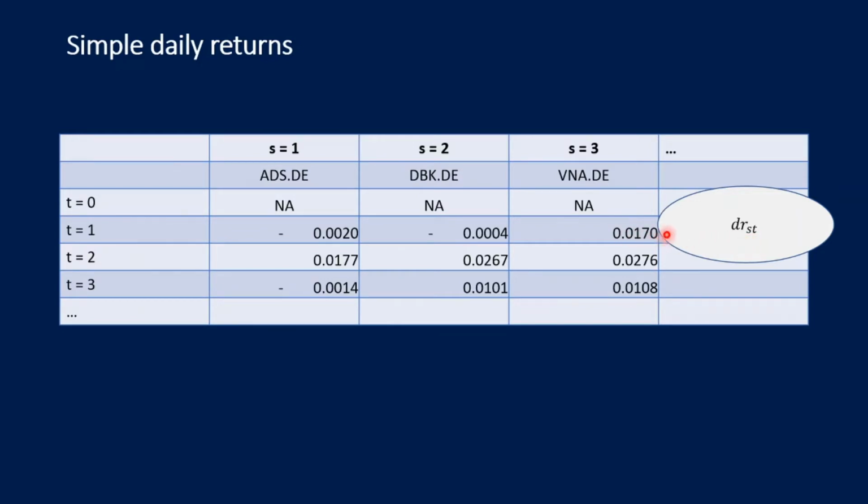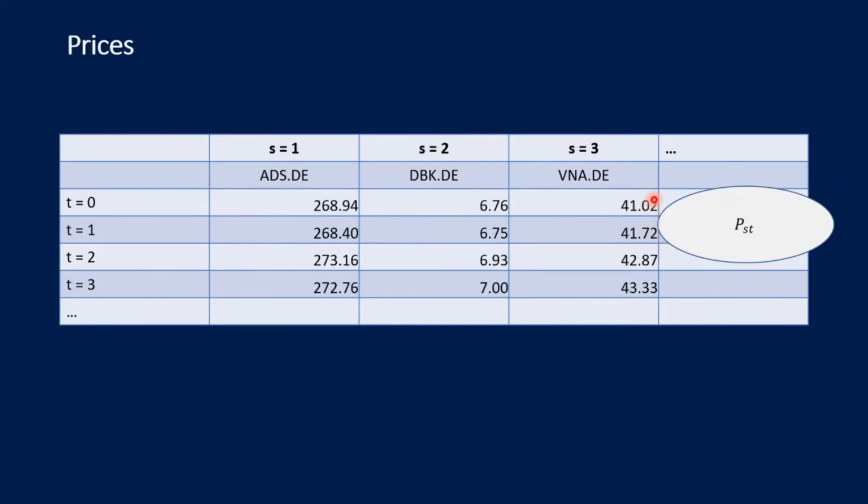If we now look at, let's take this one here. So Vonovia at time t is 1, it is 0.0170, which means that Vonovia has increased by 1.7% between day 0 and day 1.